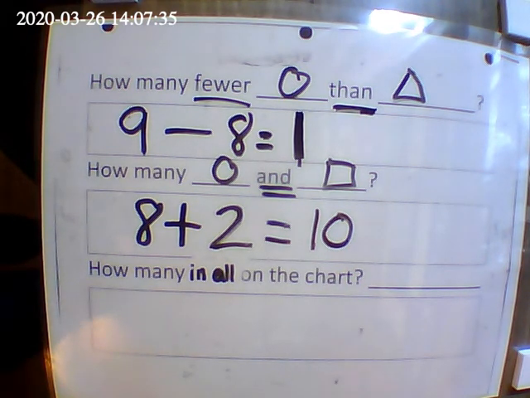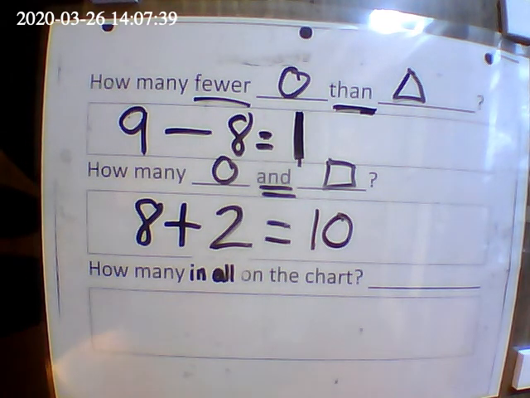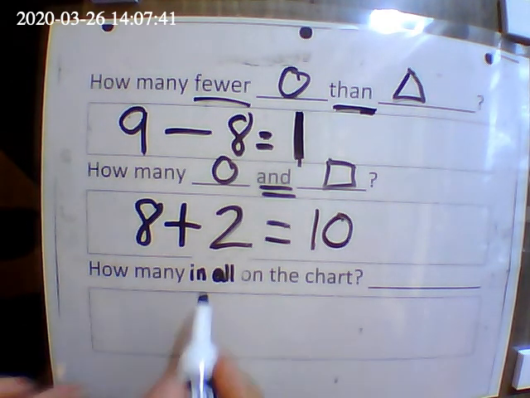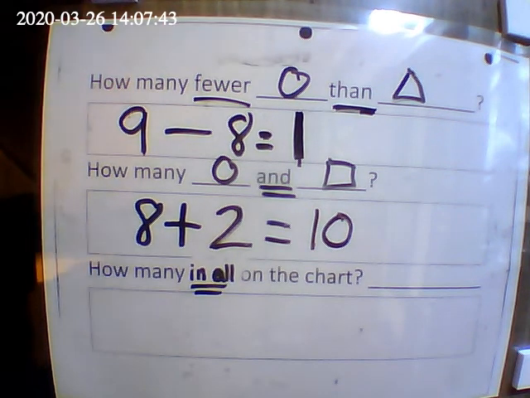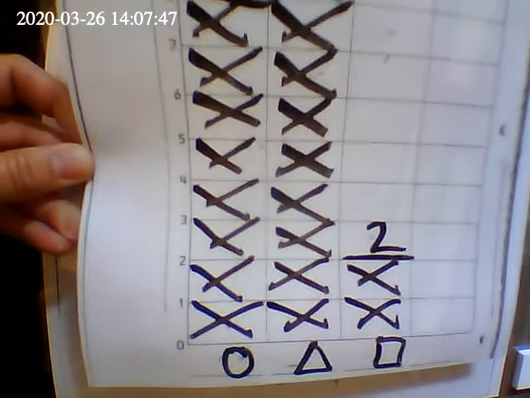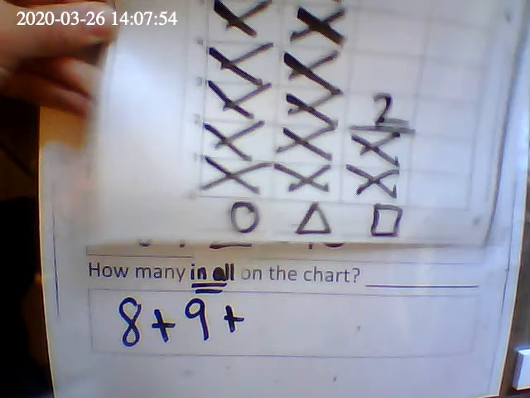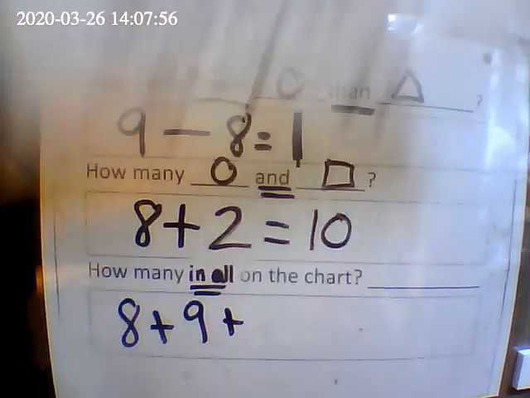And then on our last question for the math wall, it says how many in all on the chart? So that in all tells me we are going to add. So we're going to be adding all the numbers on the chart. So we need to add the 8 circles plus the 9 triangles plus the 2 squares.